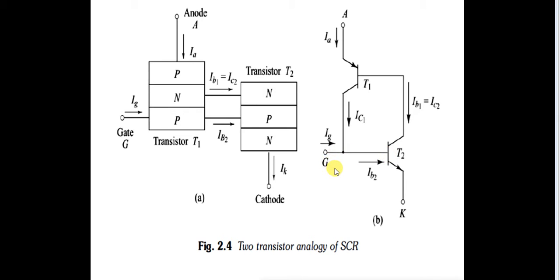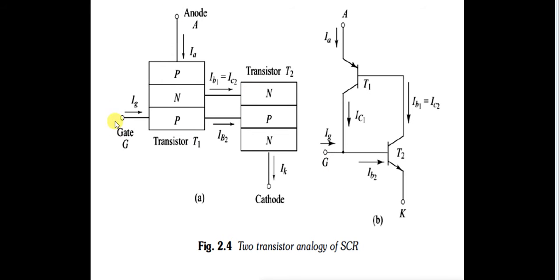This base terminal acts as the gate terminal for SCR. The emitter terminal of transistor T1 acts as the anode for SCR. The emitter terminal of transistor T2 acts as the cathode of SCR. So we have three terminals: anode, cathode and gate.